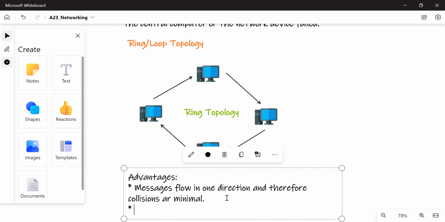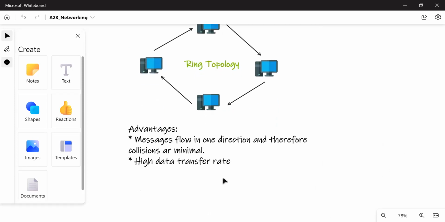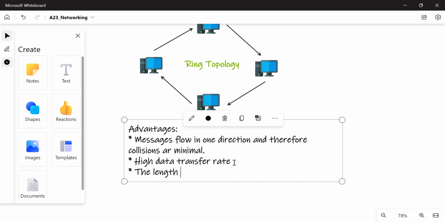And the second one is there will be a high data transfer rate. Third point, the length of wire is smaller compared to star topology.